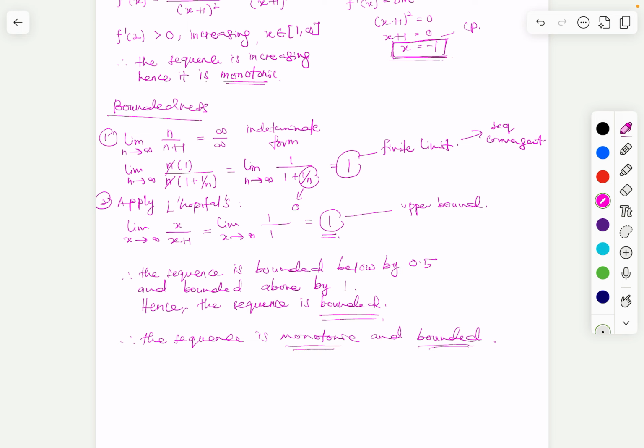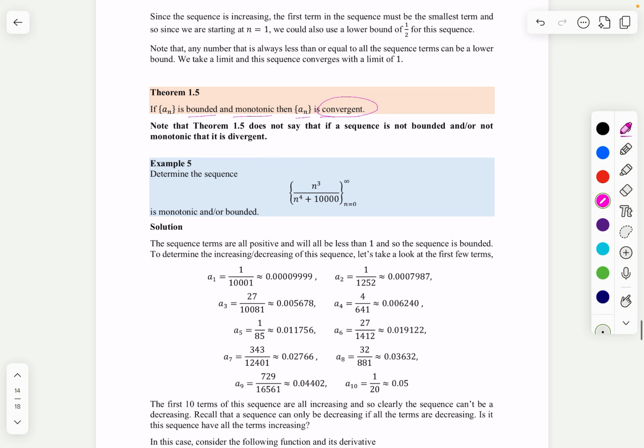You have proven that it is convergent because the limit is 1, a finite limit. However, note that theorem 1.5 does not say that if a sequence is not bounded or not monotonic, then it is divergent. The theorem is correct this way, but the other way around is not necessarily applicable.